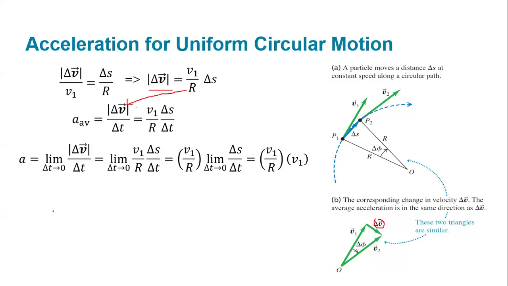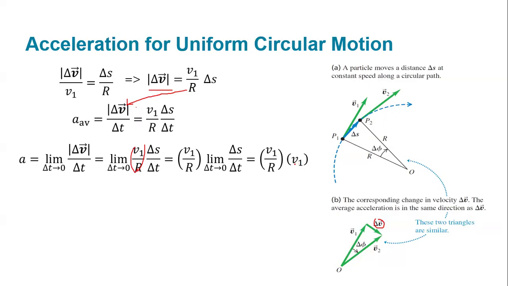Okay. Then the instantaneous acceleration is just the limit of this average acceleration as the time interval approaches zero. Since v1 over r is constant, you can put it outside the limit. The limit of delta S over delta T is just equal to V1.